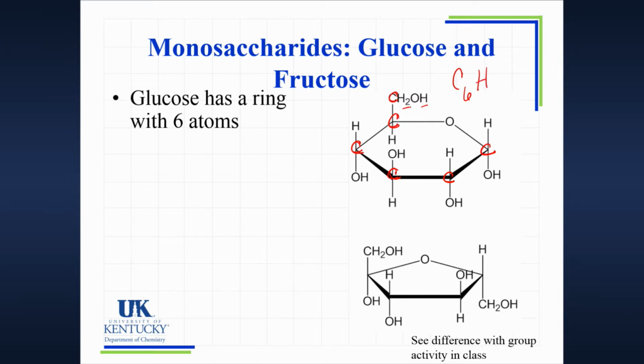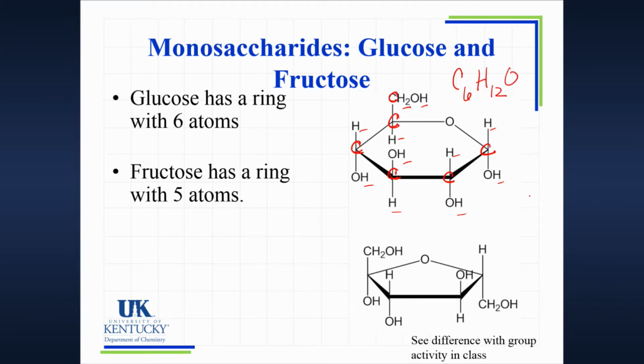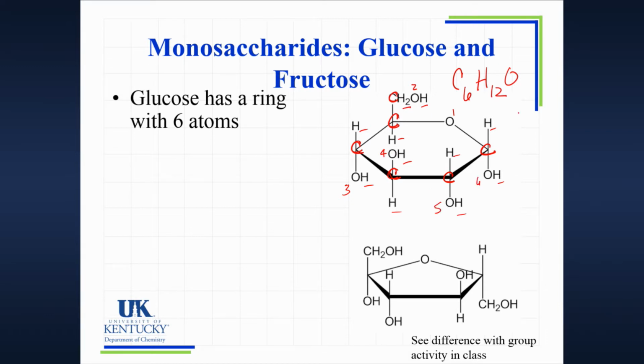It has 1, 2, 3, 4, 5, 6, 7, 8, 9, 10, 11, 12. And counting the oxygens, it's got 1, 2, 3, 4, 5, 6. All right, so that is the formula for glucose.